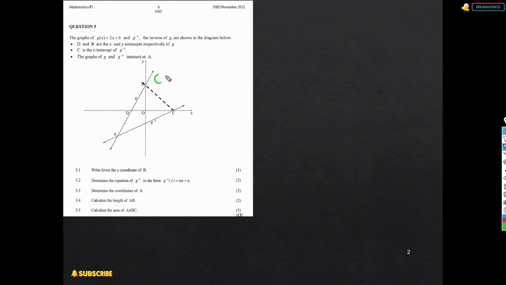Remember that the coordinates of B will be 0 and 6, and then the coordinates of A will be negative 6, negative 6. So I'm going to write them here. A is negative 6, negative 6, and then B will be 0, negative 6.